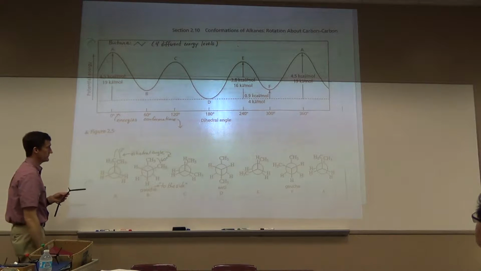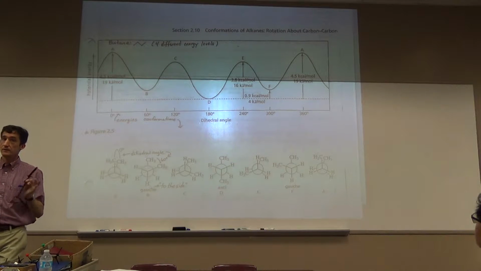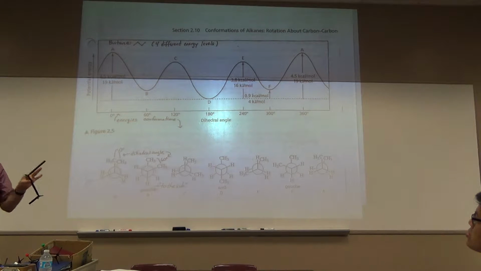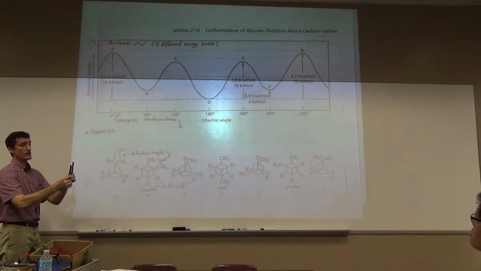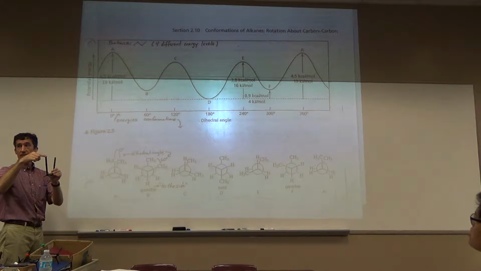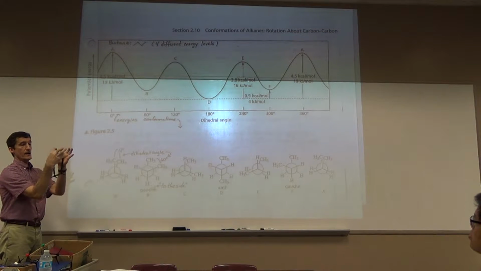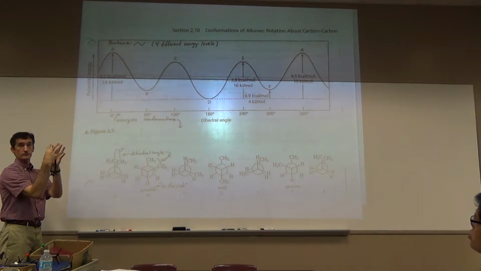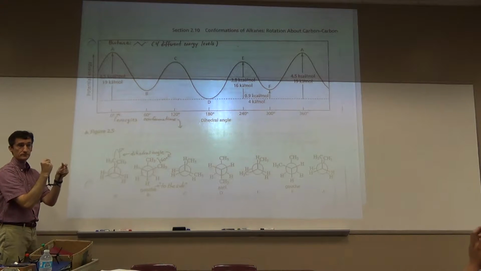Which is worse? Worse is going to be when your bigger groups are eclipsing. Okay, and methyl is bigger. Don't forget, this carbon has H's coming off. And if these are eclipsing, that's going to be higher energy. If we can rotate, it's going to be better.